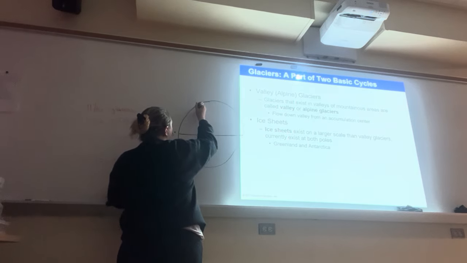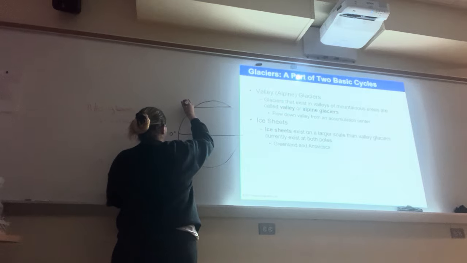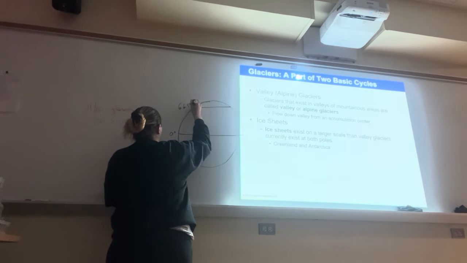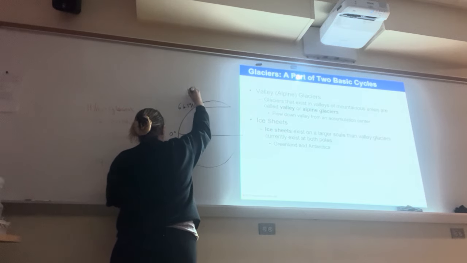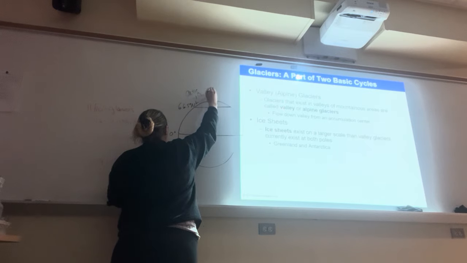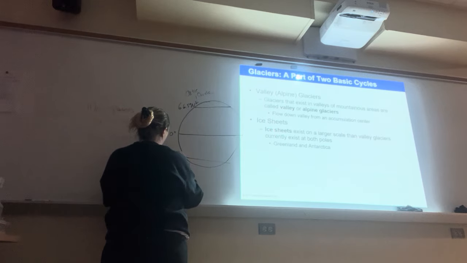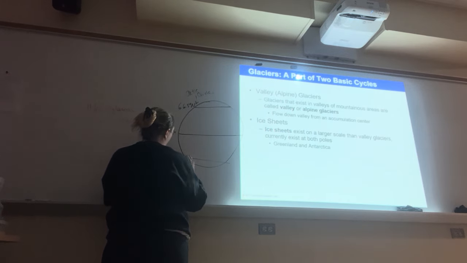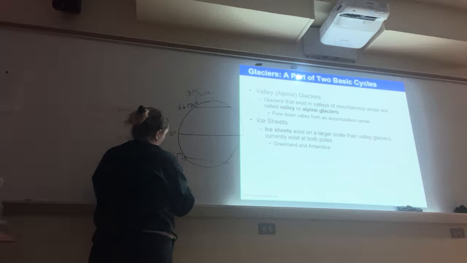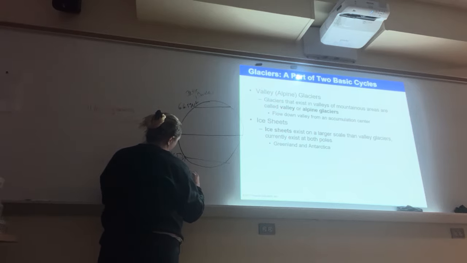If you go up here to around 66.5 degrees north, this is something called the Arctic Circle. And if you go down to 66.5 degrees south, you have the opposite of the Arctic Circle, called the Antarctic Circle.